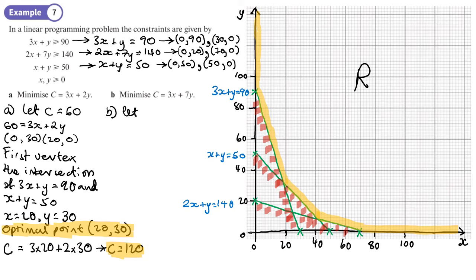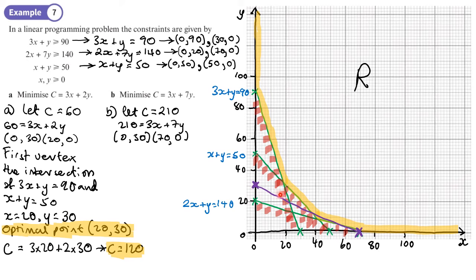So 210 equals 3x plus 7y. If I make x equal to 0, y will be 30. And if I make y equal to 0, x will be 70. So I'm going to plot those points and draw the objective line.